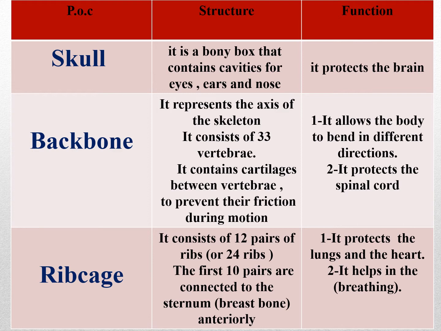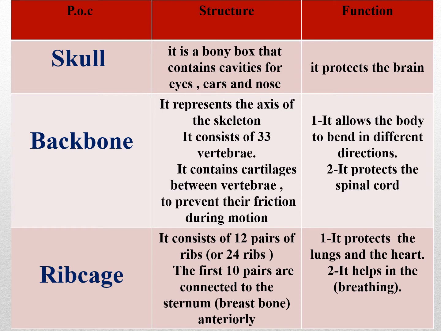Second, backbone. It represents the axis of the skeleton. It consists of 33 vertebrae. It contains cartilages between vertebrae. Why? To prevent their friction during motion or during movement.